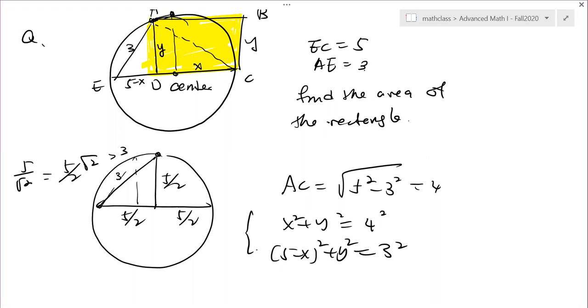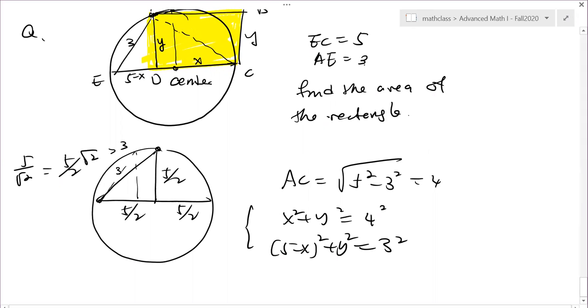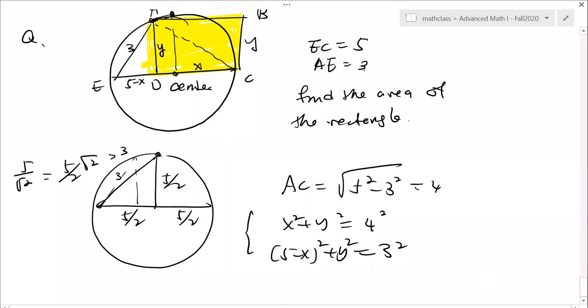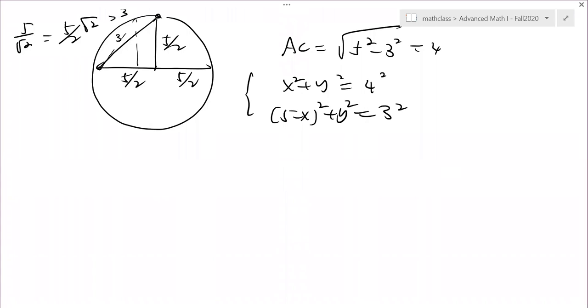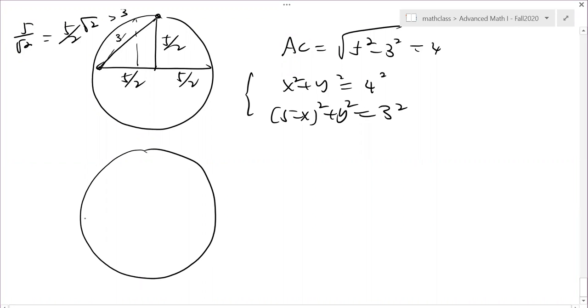Another way is that you can use the area to find y first, because the area is a triangle. Okay, you know the other side, right? Let's go back to the picture again. Here's a 5, that's a 3, that's a 4, this is a y, right?